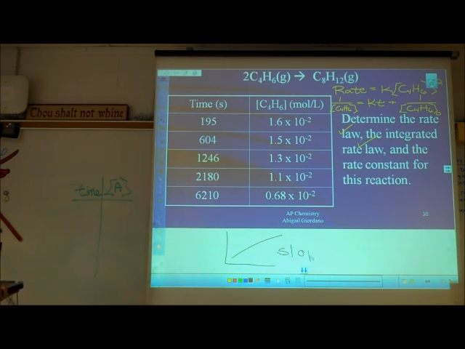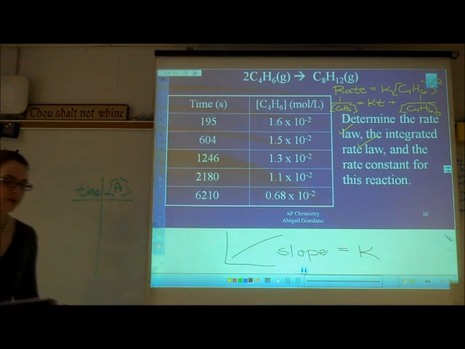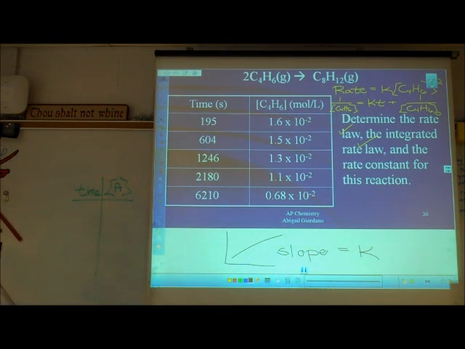Slope is K. And folks, you have some options here. For those of you that know how to use your calculator to find the slope from a set of data, great, go for it. If you don't, or you don't have your calculator, how could you find the slope just from this table of data?